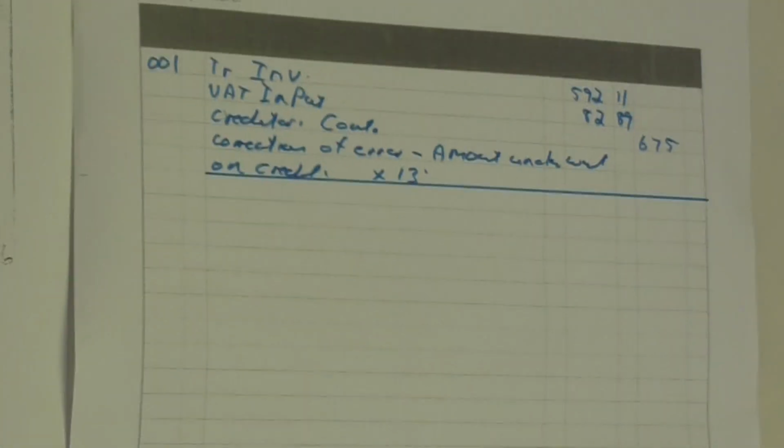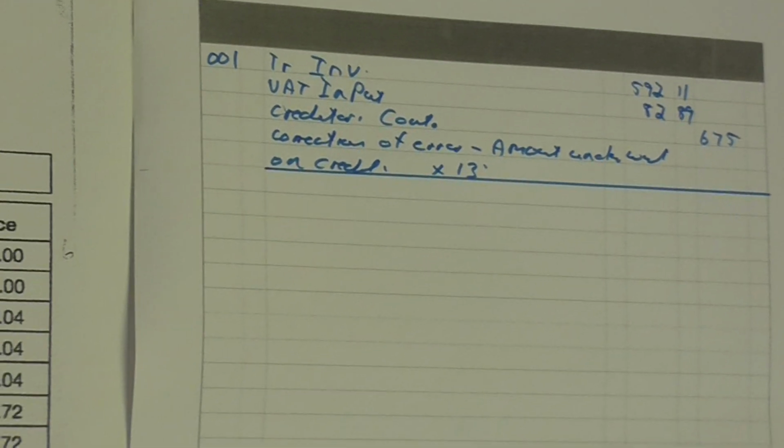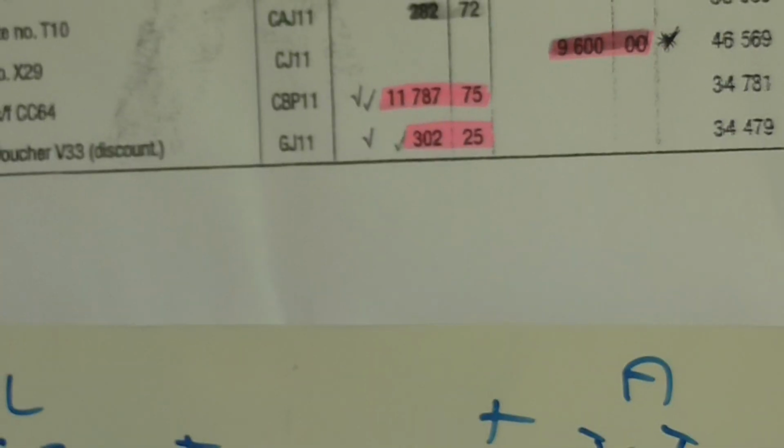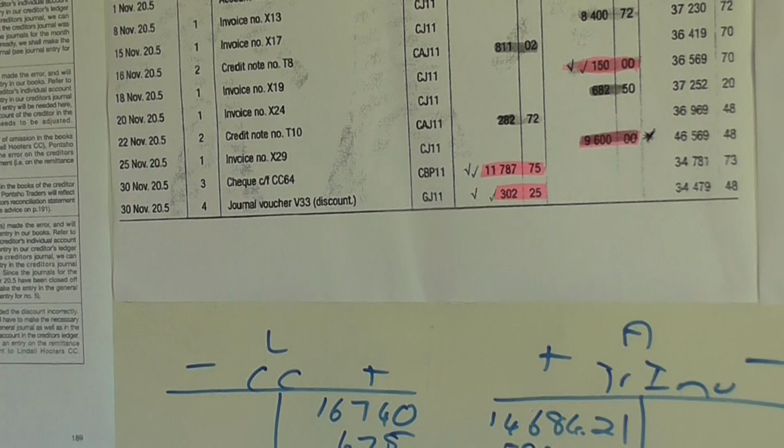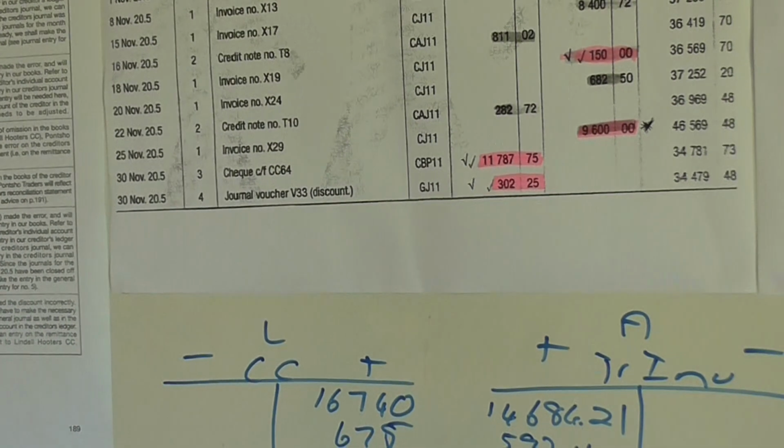So first let's see creditors control. On there is a credit for 675. Now we go over this way to your creditor's ledger, and we're going to transfer that information over there.